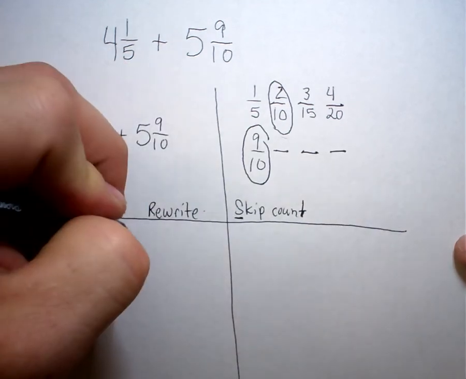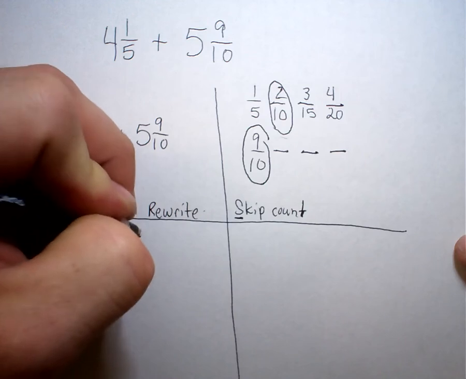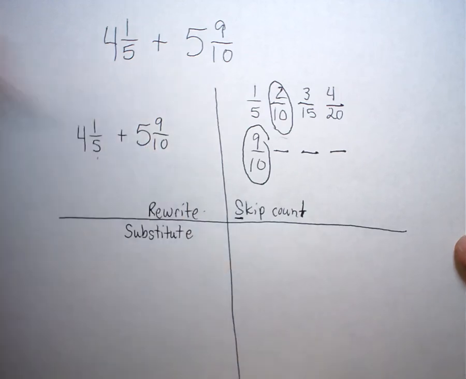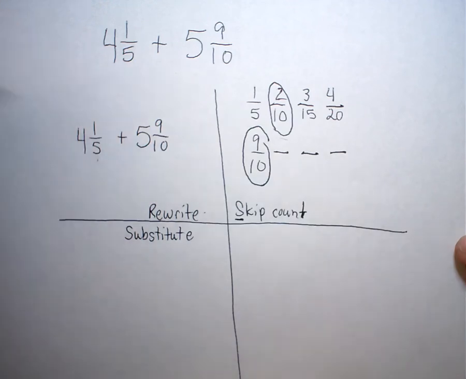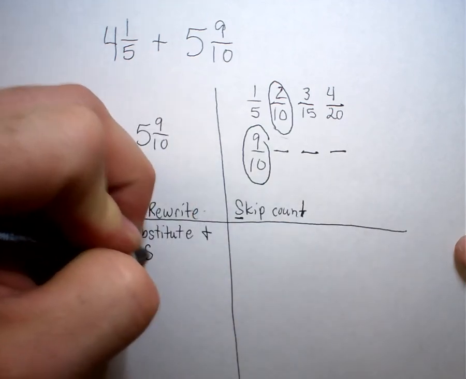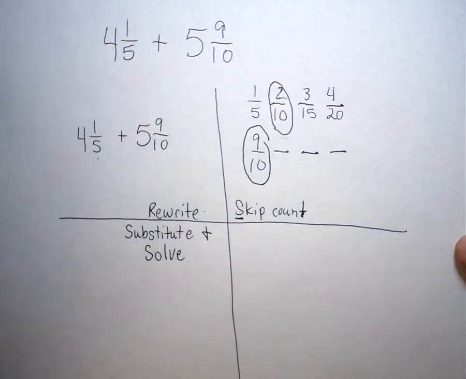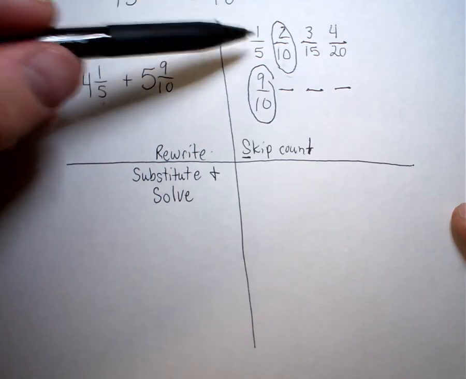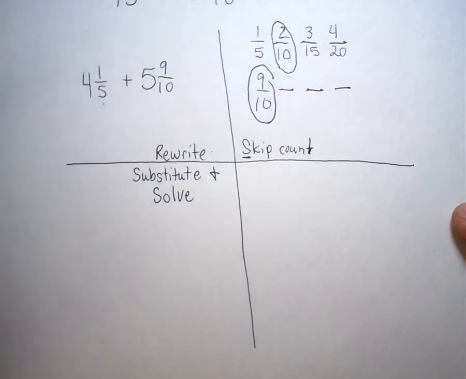Okay, the second S is substitute. And I'm going to go ahead and give you the third S because it goes in the same box: substitute and solve. We're going to substitute and solve in the same quadrant. Okay, so the first thing I do is substitute these equivalent fractions for the original fractions in the original problem.